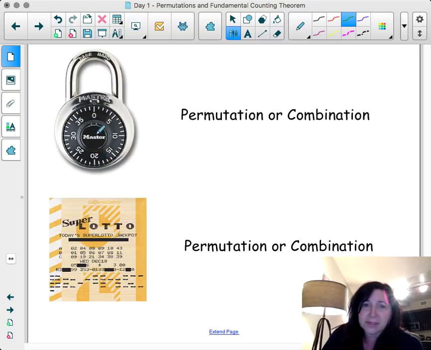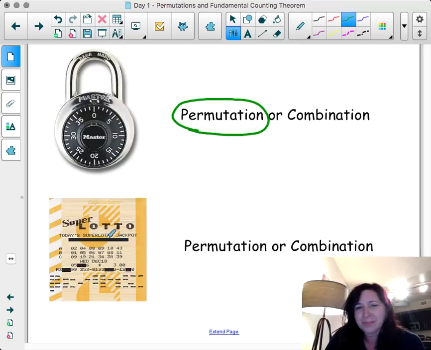So if you guessed permutation, you're right, because order matters. Here, I'm not sure, this might be a bad example because I'm not sure how many of you actually play the Super Lotto. But what you do need to know is that you are selecting all these numbers and they're randomly chosen. Order does not matter.